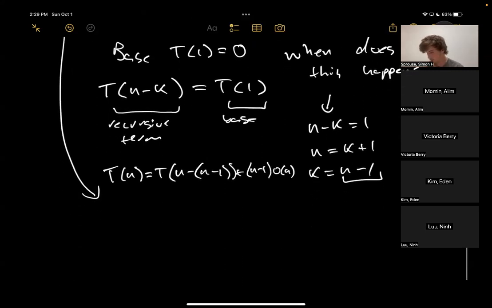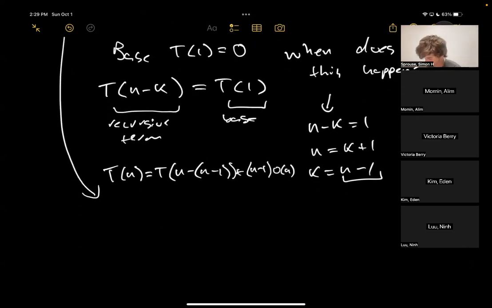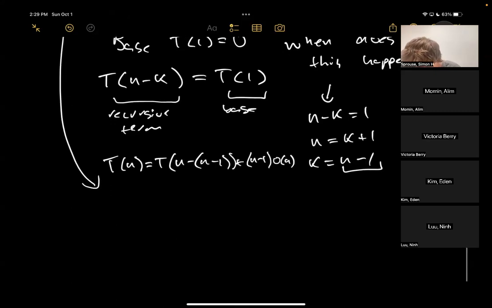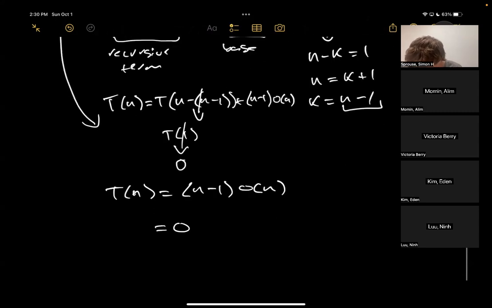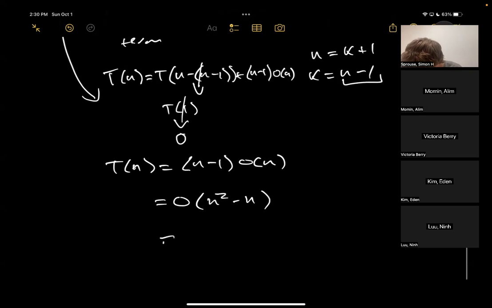Yeah, I wrote that small, so sorry if that's difficult to interpret, but let's go ahead and do some simplification. So we know that this is T of 1, and we know that that's 0. So now we're looking at T of n is equal to n minus 1 times O of n, which is going to be O of n squared minus n, which is O of n squared.